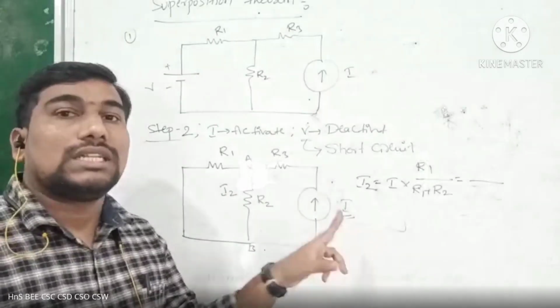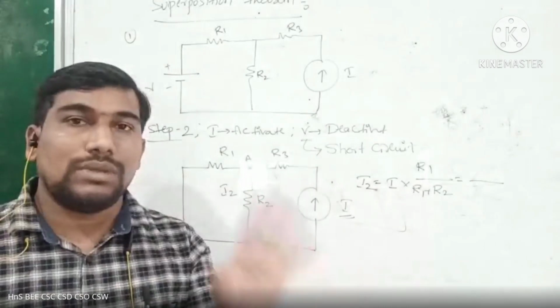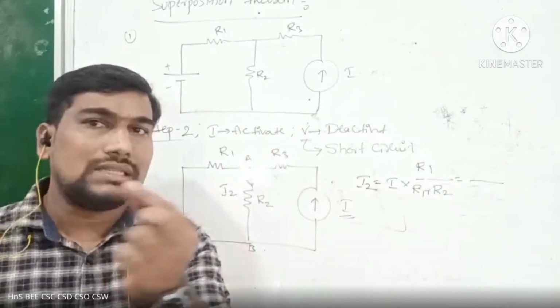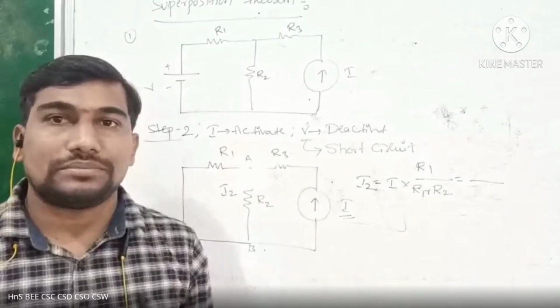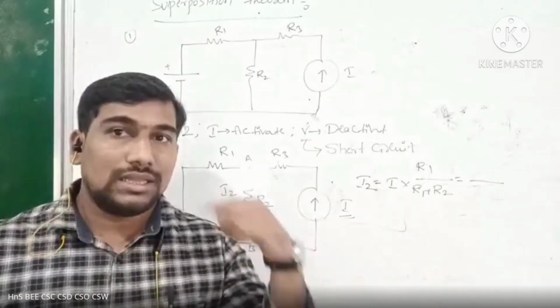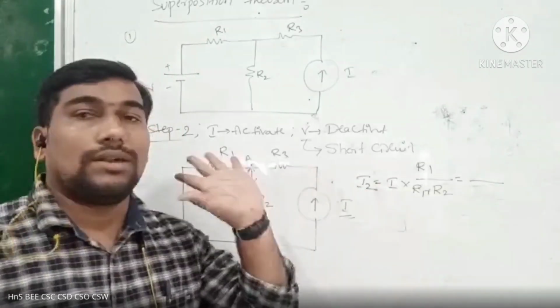That's why I'm applying the current division rule. Network theorems are based on Ohm's law, the current division rule and simple series-parallel combination. That is enough. In step number 1, I'm using Ohm's law based on that circuit. In step number 2, based on this circuit, I'm applying the CDR rule.